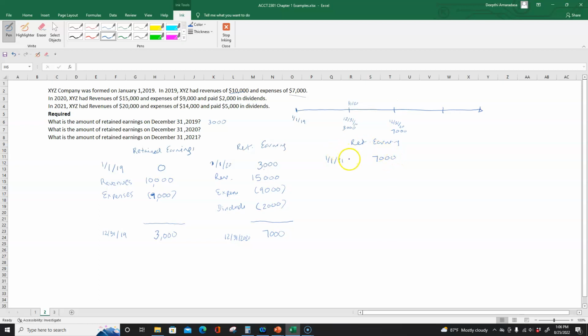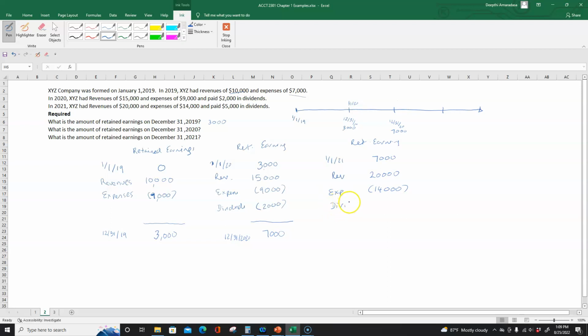They told us that revenues were $20,000. We know revenues has the effect of increasing retained earnings, so I'm going to add that $20,000. Next, they told us expenses were $14,000, and we know that expenses has the effect of decreasing retained earnings, so I'm going to subtract $14,000 from that number. Finally, they told us that there was $5,000 that they paid out in dividends.